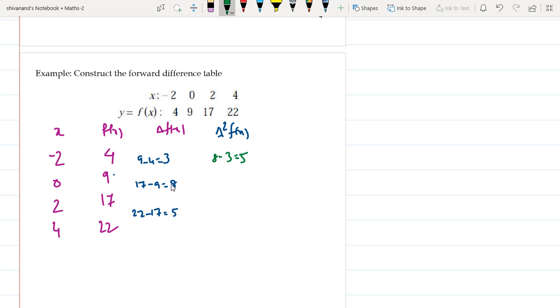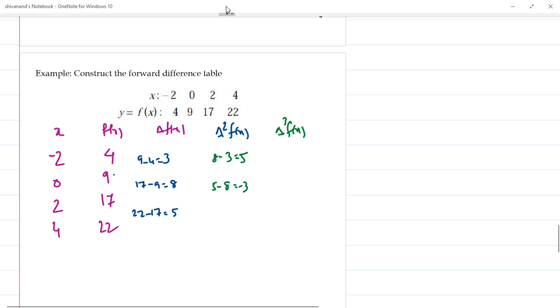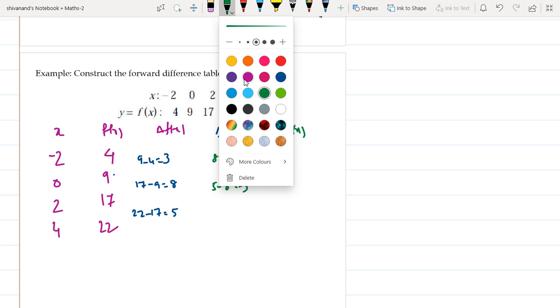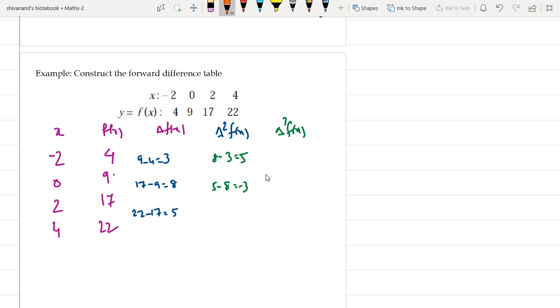That is 8 minus 3, which is equal to 5. And this is 5 minus 8, which is equal to minus 3. And what is delta cube f of x? Again, take the differences. It is minus 3 minus 5, which is equal to minus 8.